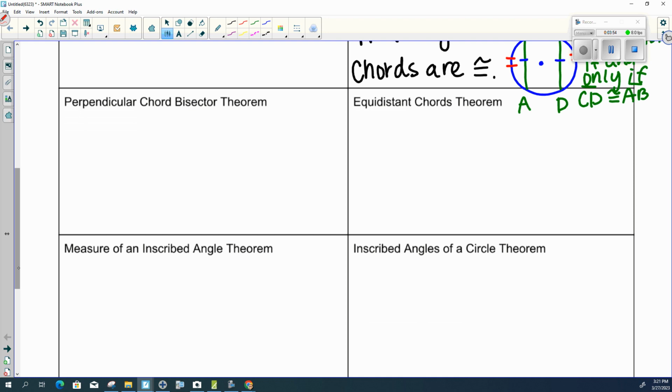It starts out by saying if a diameter of a circle is perpendicular to a chord, and notice it doesn't say the diameter. There's more than one possible diameter. So any of them, if a diameter of a circle, and I decided I'm using that shortcut to the word perpendicular.